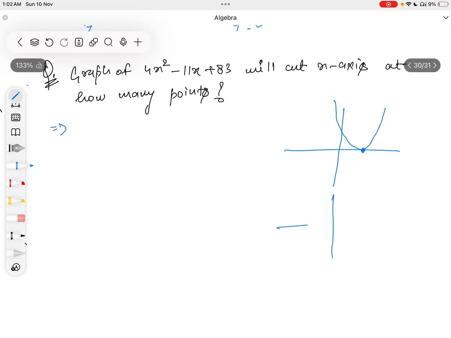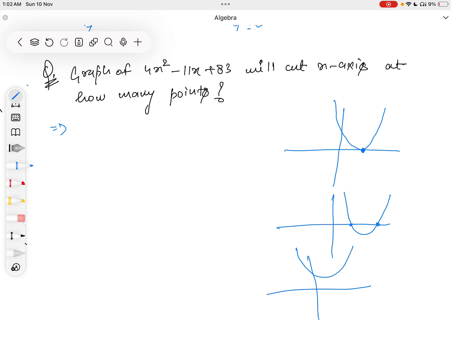Second, if D, that is the discriminant, is greater than 0, it cuts the x-axis at 2 points. But if the discriminant is less than 0, then it does not cut the x-axis at any point, and it goes like this. It has two imaginary roots only.